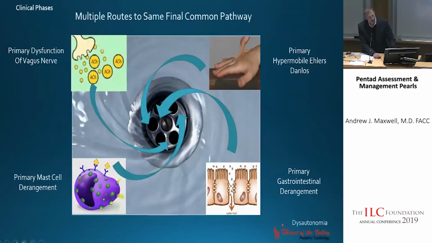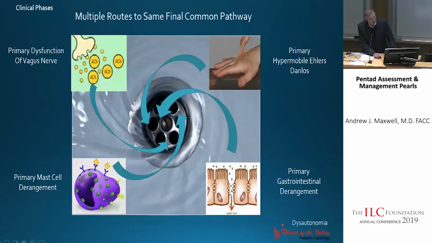Or a primary GI derangement where very early on they were already complaining of abdominal pain and other motility issues. Or maybe very early on, the very first thing that was happening was hypermobile issues.